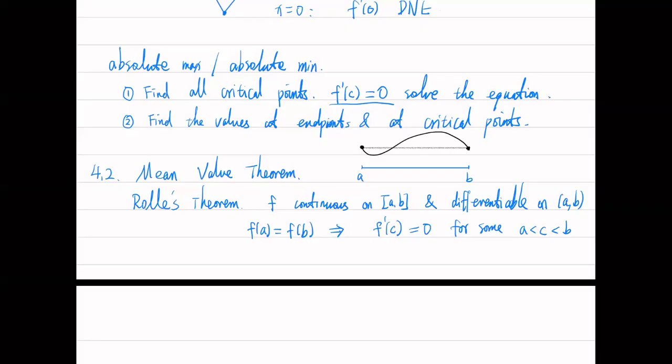Then the claim: we don't know what this function is, but we can find a point in the interior. Here I have two choices. We can choose this point, at where the derivative is zero.